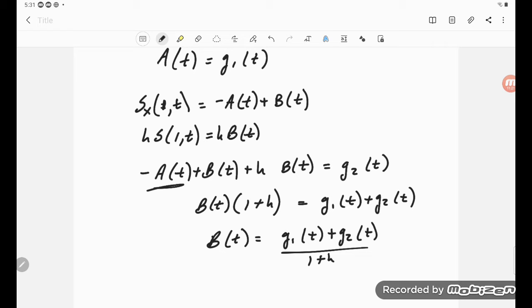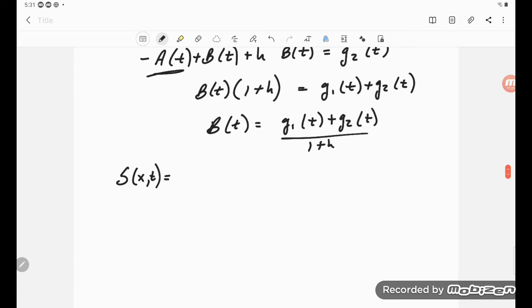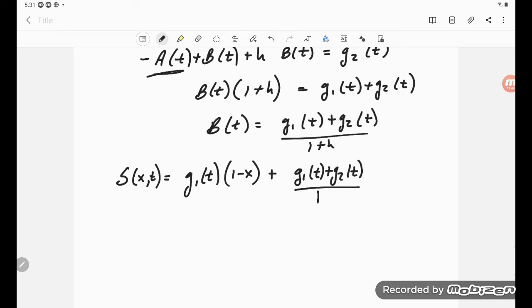And so our S of x and t is G1 of t times 1 minus x, and then plus G1 of t plus G2 of t over 1 plus H, all times x.